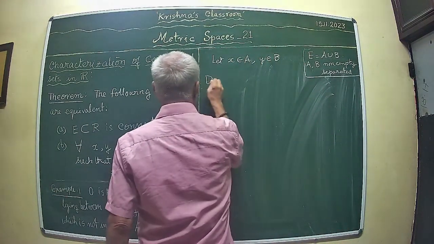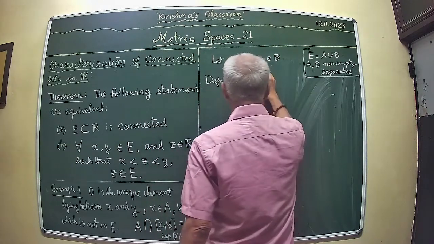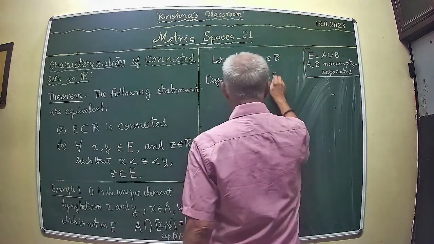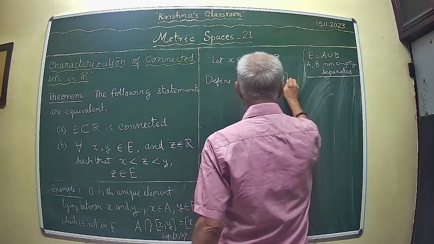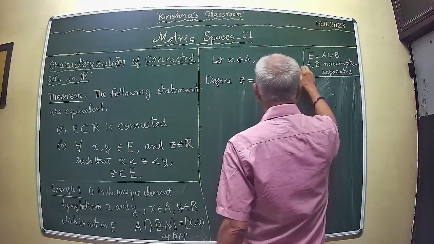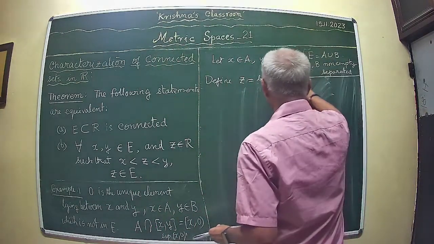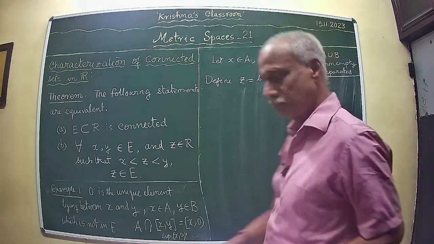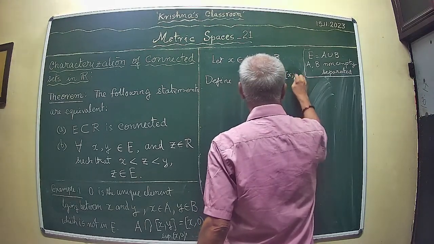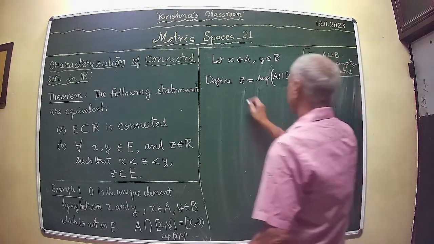And define, this is the crucial definition, Z equal to the supremum of, it's nicer to write, A intersection segment XY. So this is the crucial definition.